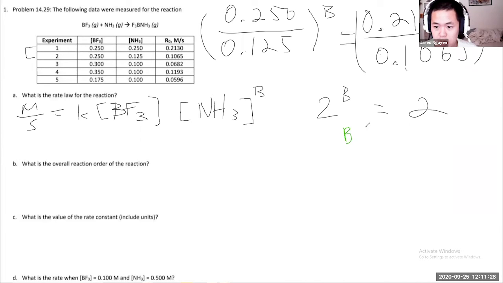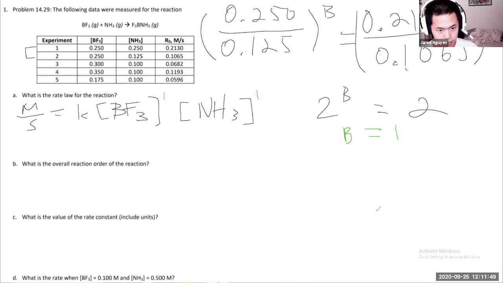B is going to be equal to 1 as well. So for now, we can plug in 1 for A and 1 for B. So the rate law is going to be to the first power, to the first power.